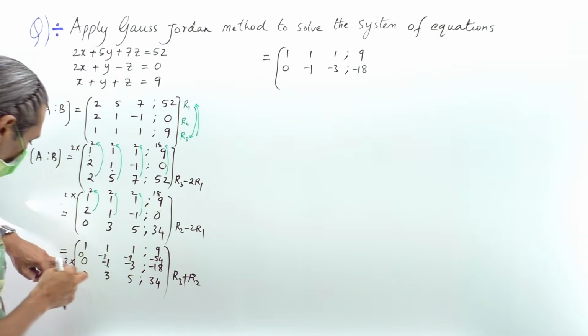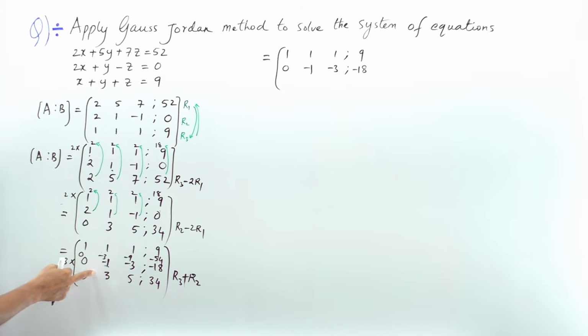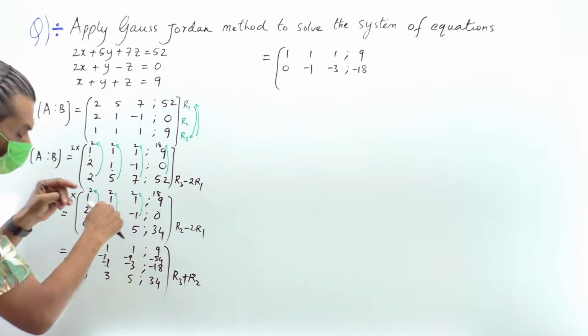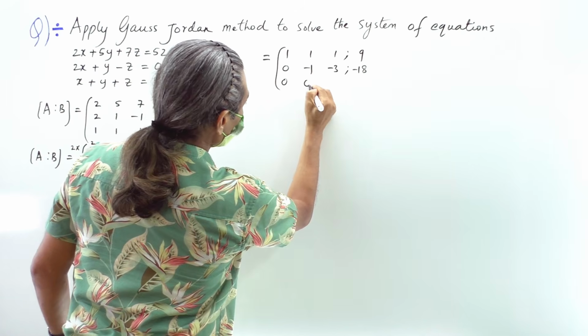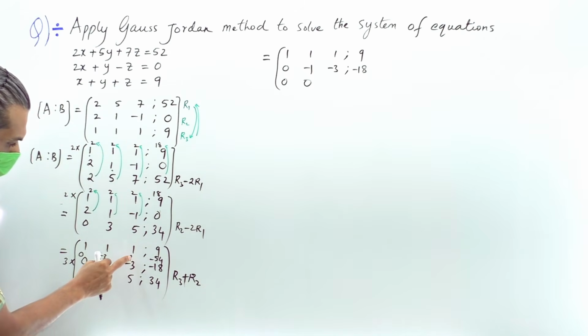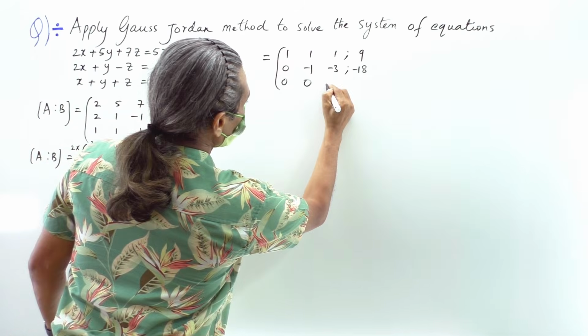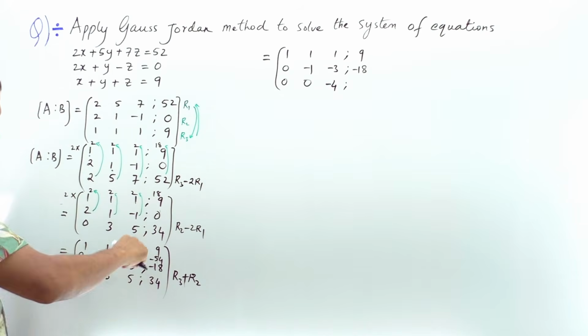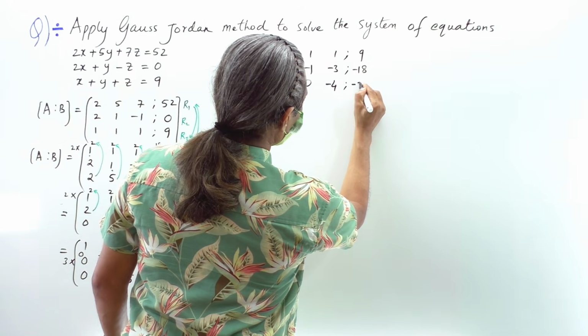Now see what the operation is here. 0 minus 0 is 0, obviously no issue. 3, I am adding it. 3 minus plus 3 is 0. Then 5 minus 9 is minus 4 and lastly 34 minus 54 is minus 20.